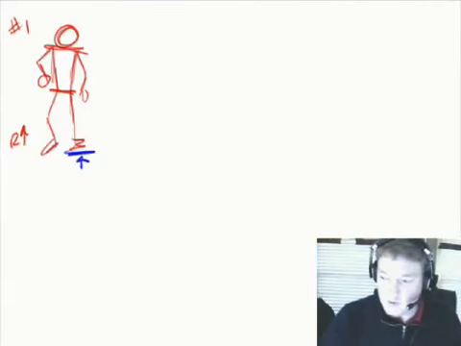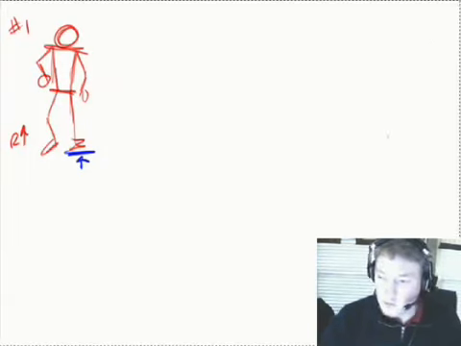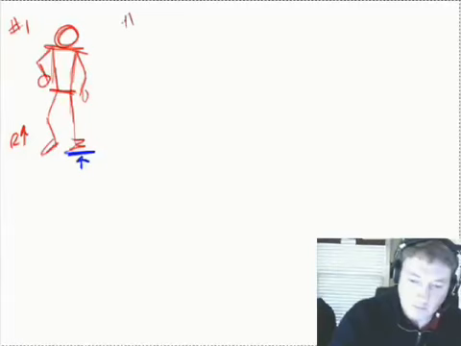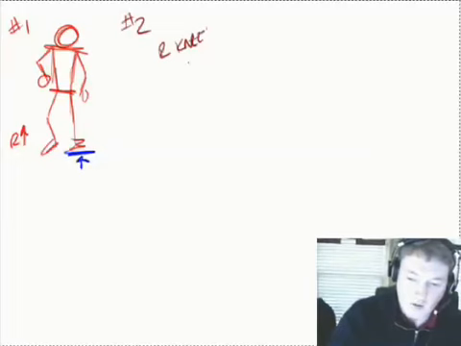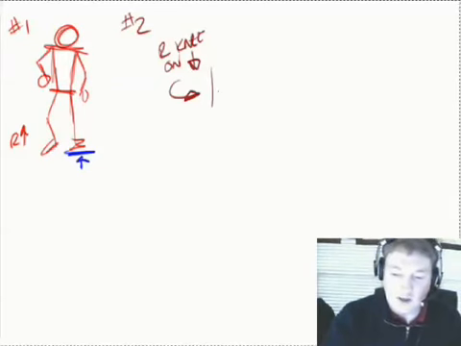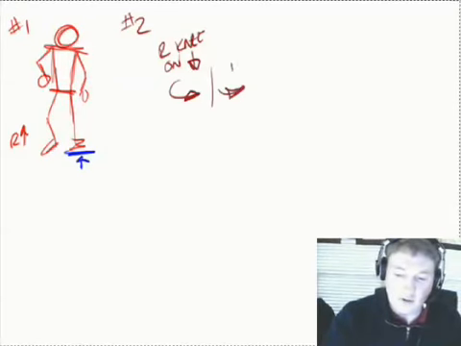So the next step, number two, is his right knee on the down step swings to the right, which then knocks the left knee to the right.